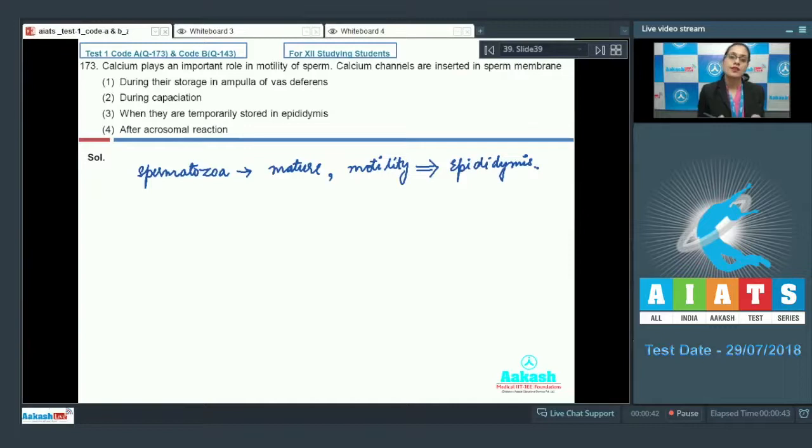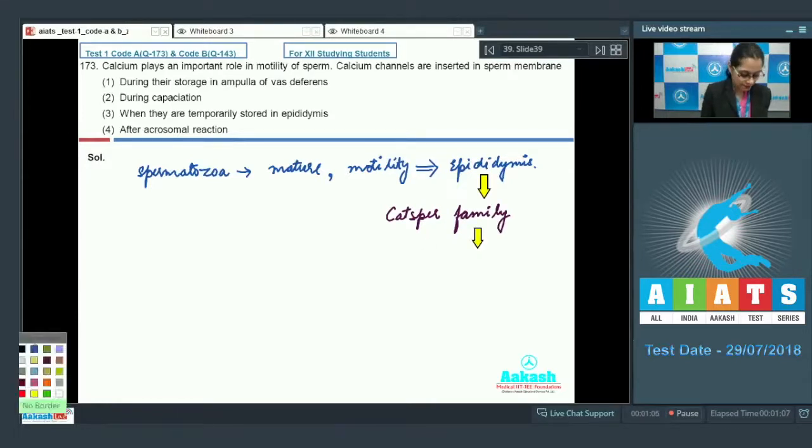And this involves the activation of a unique set of proteins which belong to the family of CatSper family. CatSper is a family of unique set of proteins, and these are localized in the principal piece of sperm tail.